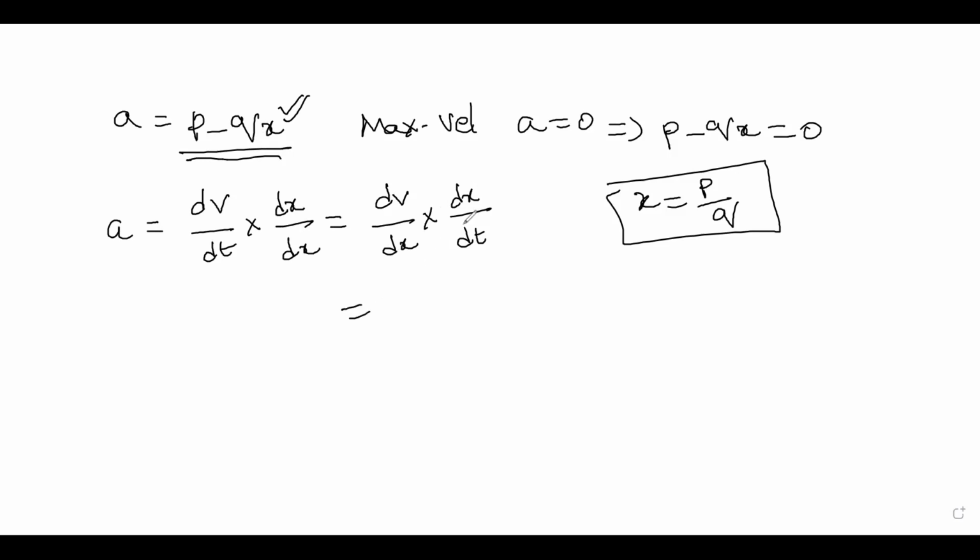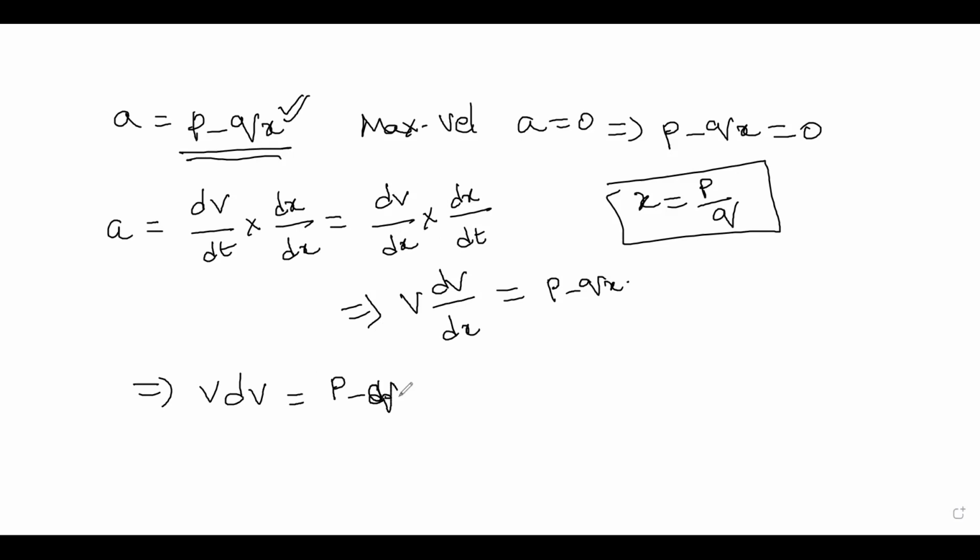So dx by dt is nothing but velocity, v into dv by dx, equal to P minus Qx. And now dx we send to the other side. So we get vdv is equal to P minus Qx dx.